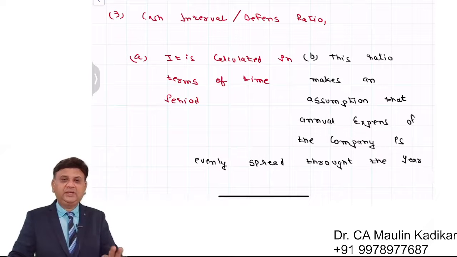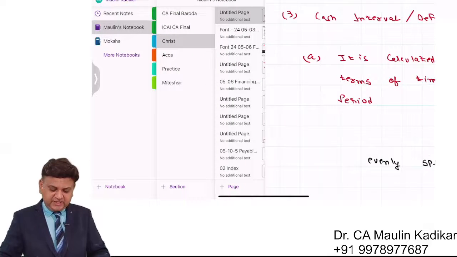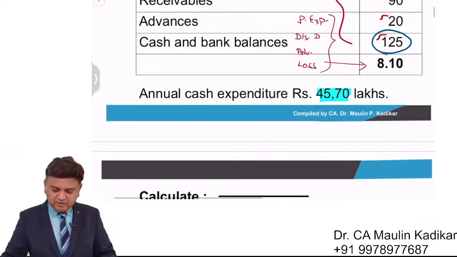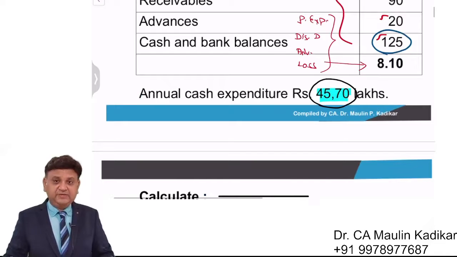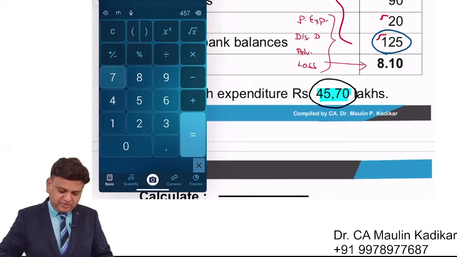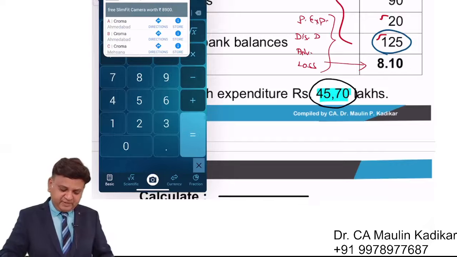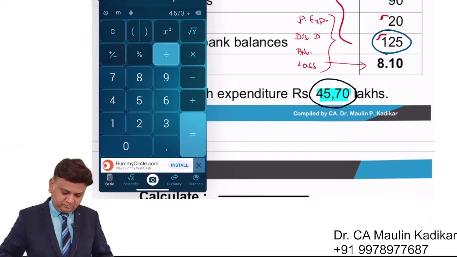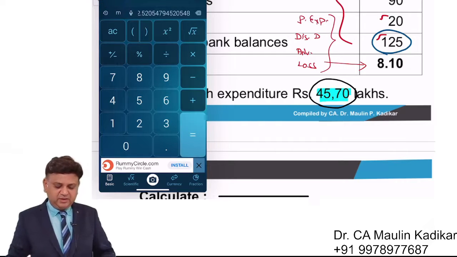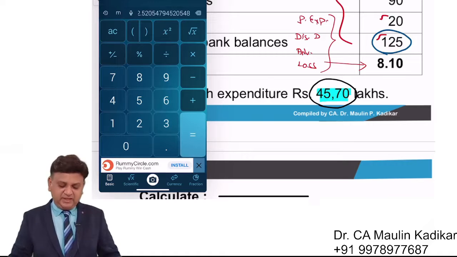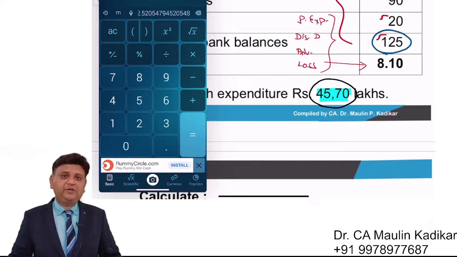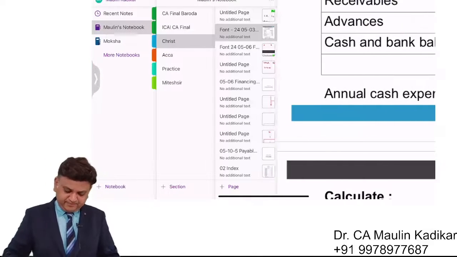So this is calculated in terms of the time period, and this ratio makes an assumption that expenses of the company are evenly spread throughout the year. For example, it is 4,570 lakhs. So 4570 lakhs divided by 365 days. So the assumption is made that the daily expense of the company is 12.52 lakhs. That is the assumption which is made.